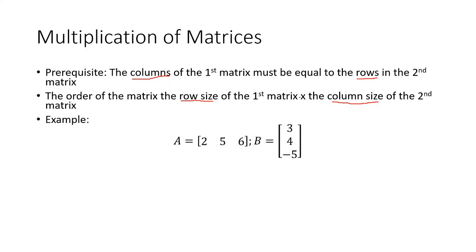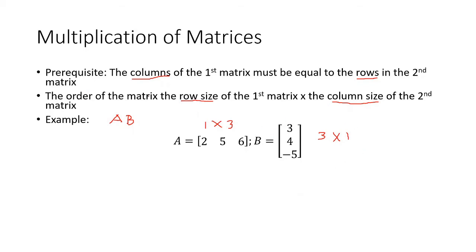For example, say we want to multiply A by B. So before we multiply a matrix, we need to determine its size. So A is a 1 by 3 matrix because one row only and then 3 columns. B is a 3 by 1 matrix because 3 rows and 1 column.